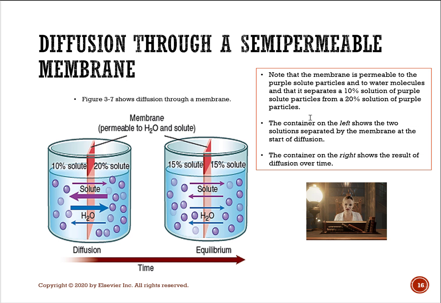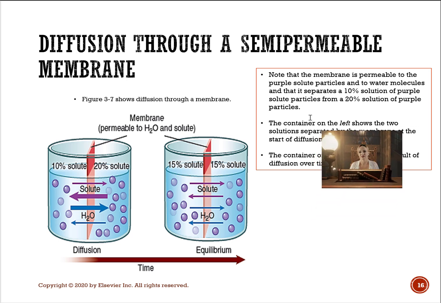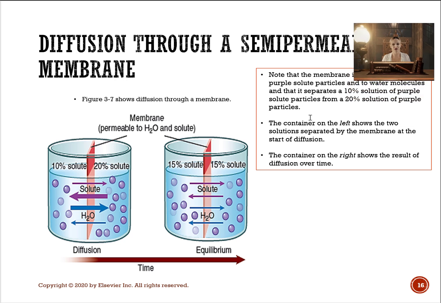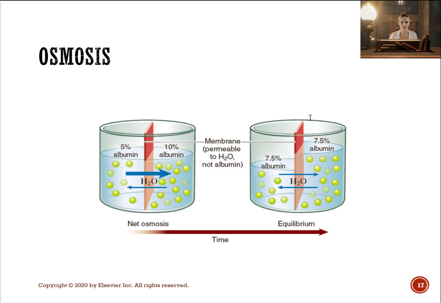The container on the left shows the two solutions separated by the membrane at the start of diffusion, and the membrane is that going right down the middle. The container on the right shows the result of diffusion over time.